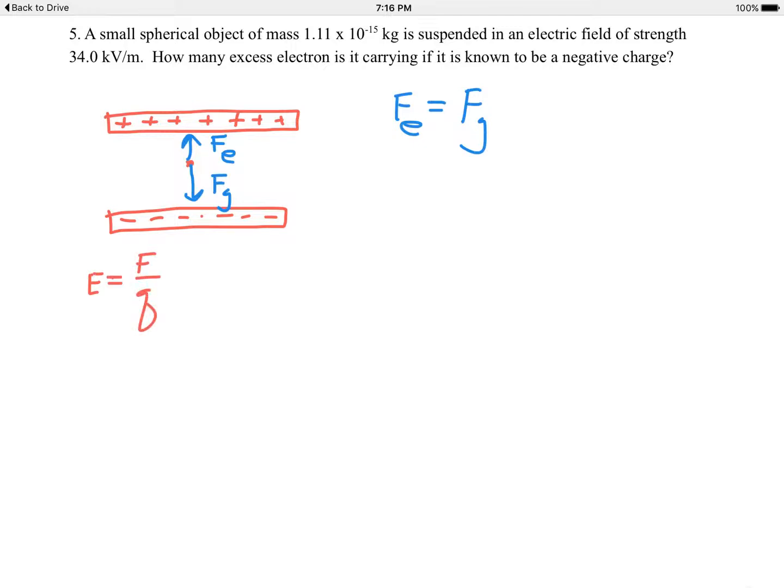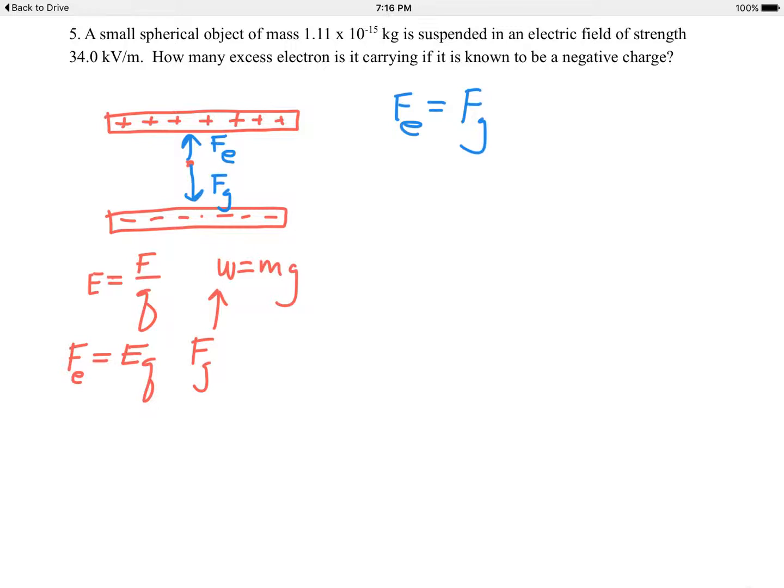The only thing we can't use are point particle equations. This is a general definition that applies to all electric fields. E equals F over q. Or in other words, F, electrical force, that's F sub E, F due to an electric field, equals Eq. We'll use that fact a lot. We also know that W equals mg. W is the force of gravity, F sub g.